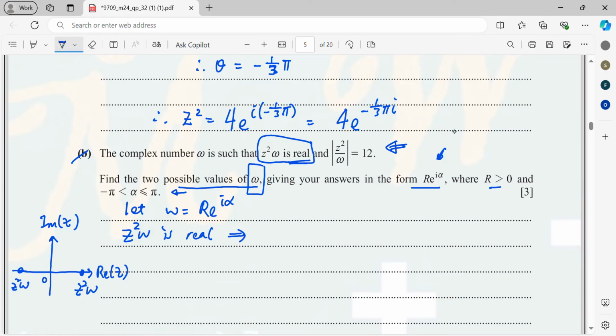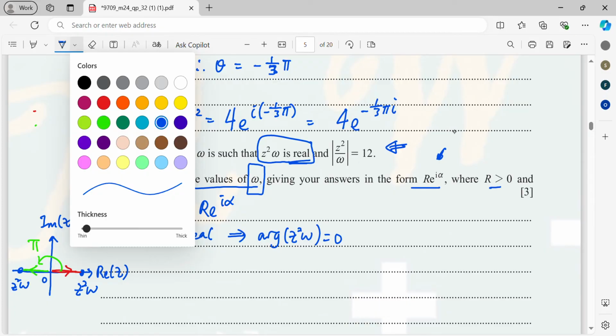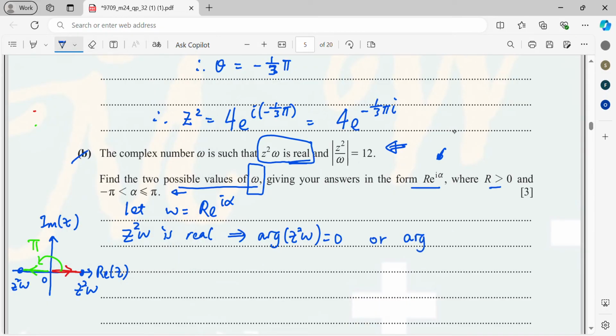Which means the argument for z squared w equals 0, because if this is the vector, the argument is 0. But if it is on the left hand side, this is a vector, then your argument is going to be pi. So here I will write, or argument z squared w is pi.